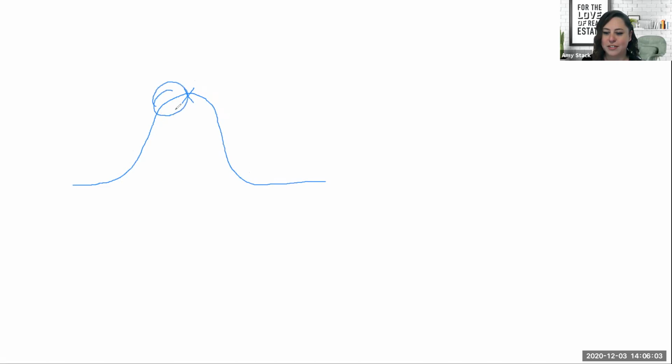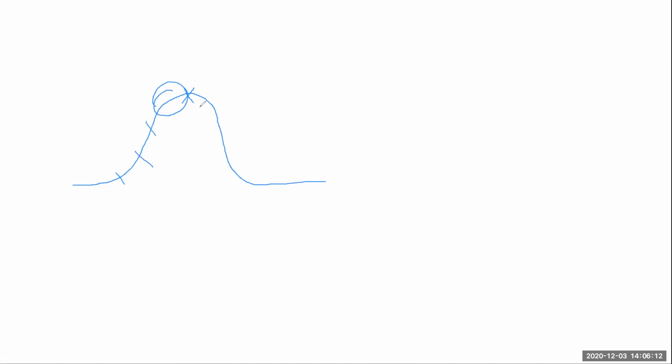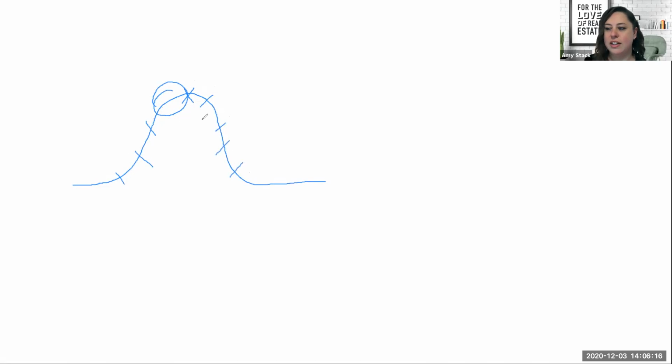Those are the hot leads, right? But people are thinking about real estate here and here and here, and you can still be talking to them in all of these spots as well. Everybody is fighting for their attention when they're in this little circle up here.